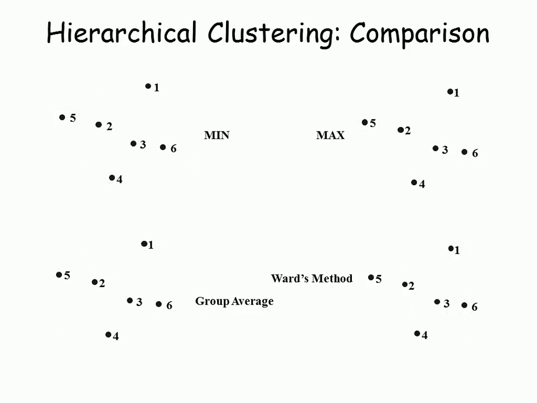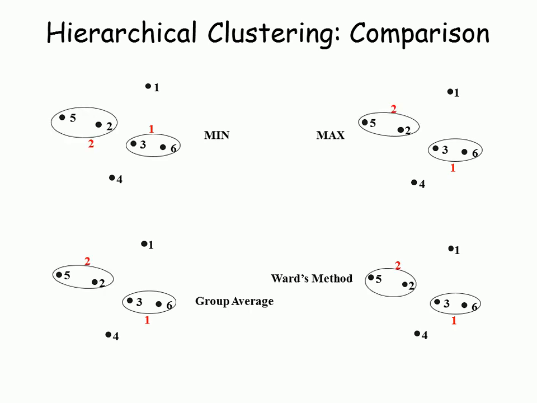So in this example, what we are doing is clustering these points. We have 6 points, and using different measures to calculate the inter-cluster similarity. So in the first step, you find the two closest points and cluster them together.